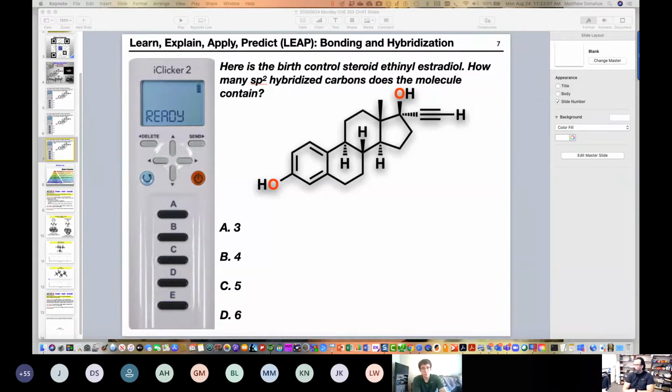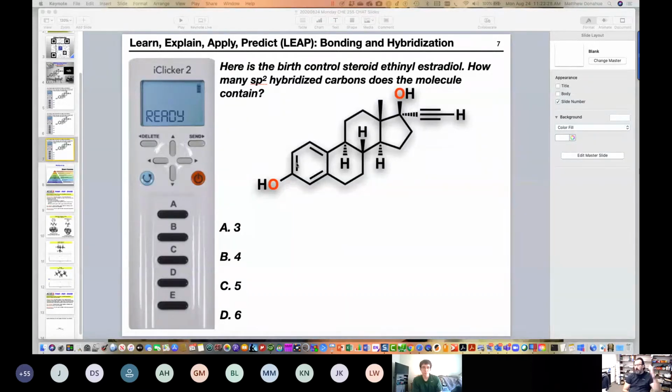In the chat, we're asking about sp2, so we're looking for carbon atoms that have 3 sigma bonds and 1 pi bond. So we have 1, 2, 3, 4, 5, 6. They're all contained in this benzene ring.